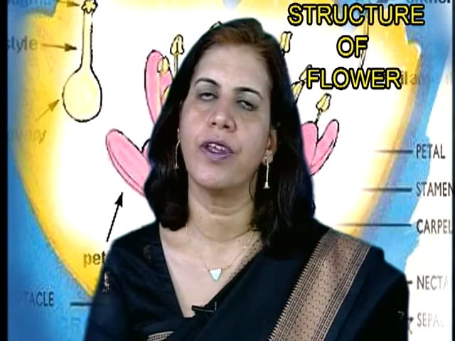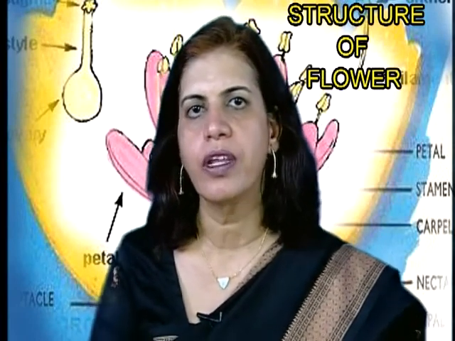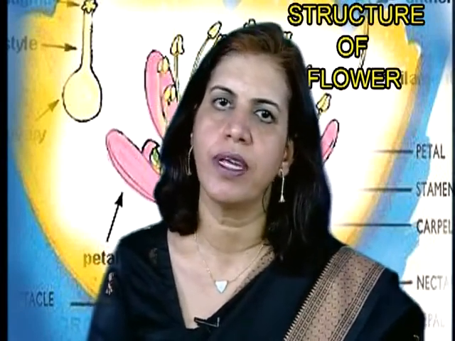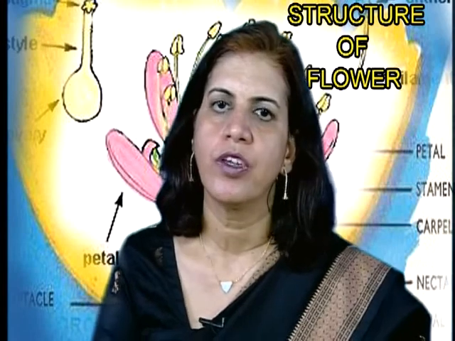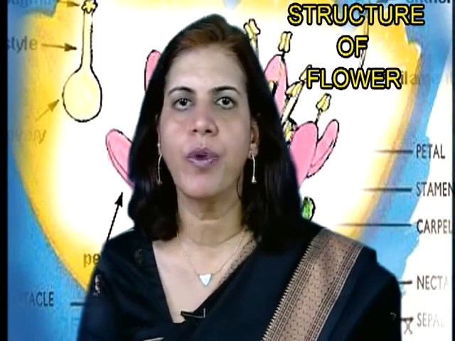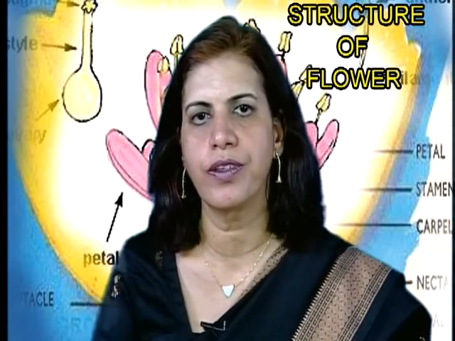What is inflorescence? When flowers do not occur singly, when the flowers are present in groups or clusters, then an axis bearing a bunch of flowers is known as inflorescence.